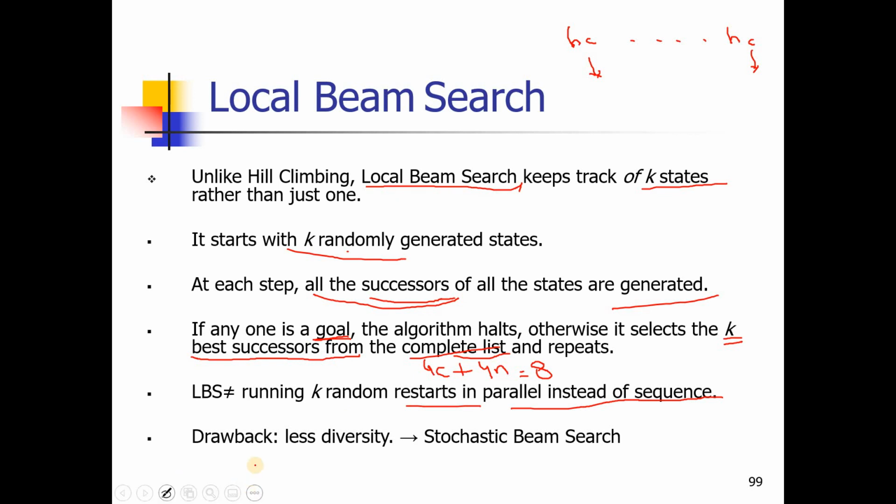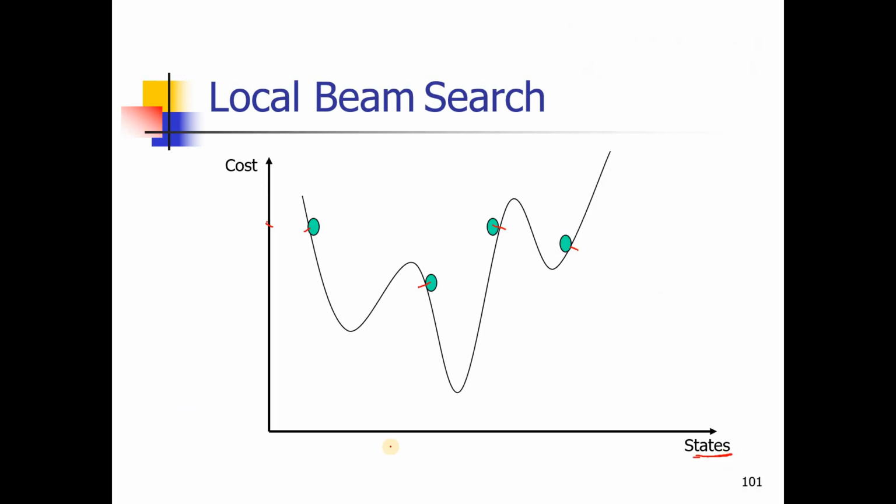A very important point: the drawback of local beam search is low diversity, because you will slowly start converging to one of the points. For example, if this was not there, and you had one node over here, all of them would start converging on it.